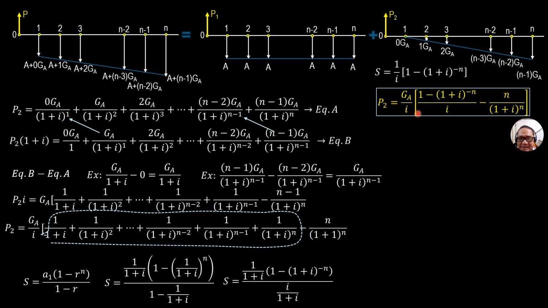So this is the present worth of this cash flow diagram. After deriving this formula for the future worth 2, you just multiply it by 1 plus i to the n. Remember? If you project that to the future, you just multiply that by 1 plus i to the n.